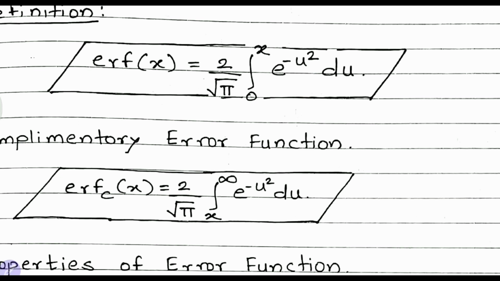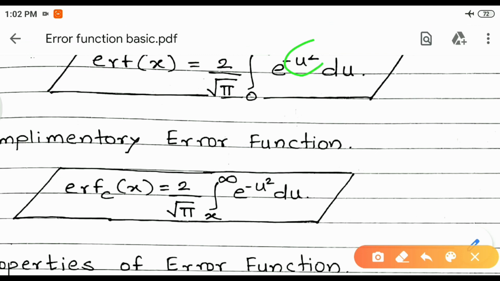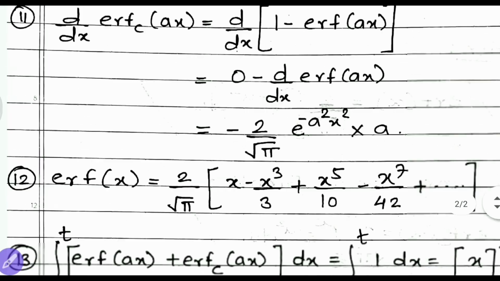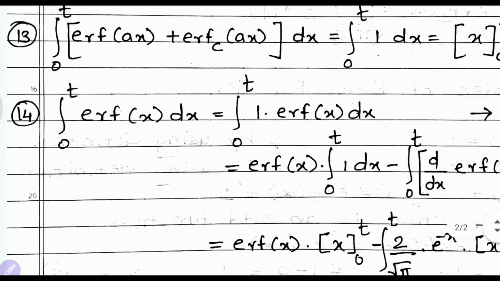The expansion of e raised to x is 1 plus x upon 1 factorial plus x square upon 2 factorial plus x cube upon 3 factorial and so on. So instead of x, if you simply put minus u square and expand it, you are going to get the expansion of error function of x.